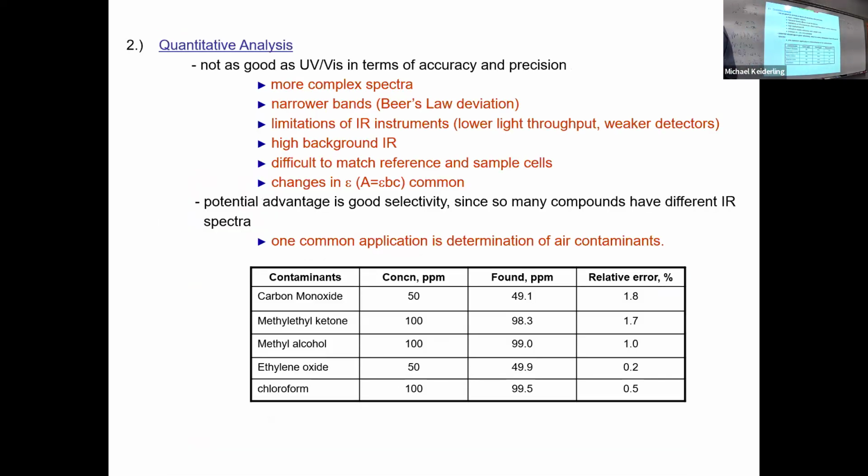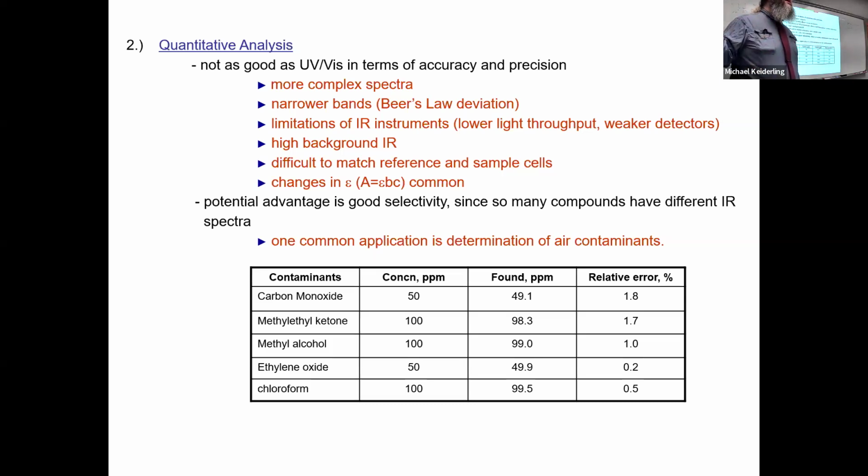Now, it's not as good as UV-visible for quantitative analysis. Because the spectra are more complicated and because of the narrower bands, you're more likely to deviate from Beer's law. IR instruments often have lower light throughput and weaker detectors, and there is often high background IR.